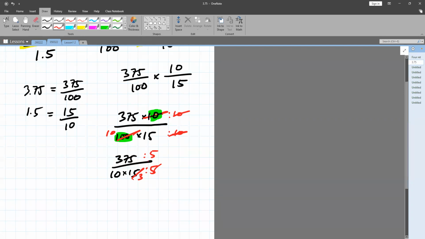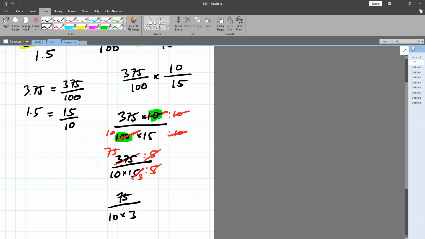Well, you can use paper if you want to calculate the number, because this is quite big. But I think you're trying to get it. 75? Yeah, 75. So when you divide 375 by 5, what you get here is 75, right? So now we have a simplified fraction, which is 75 divided by 10 times 3.